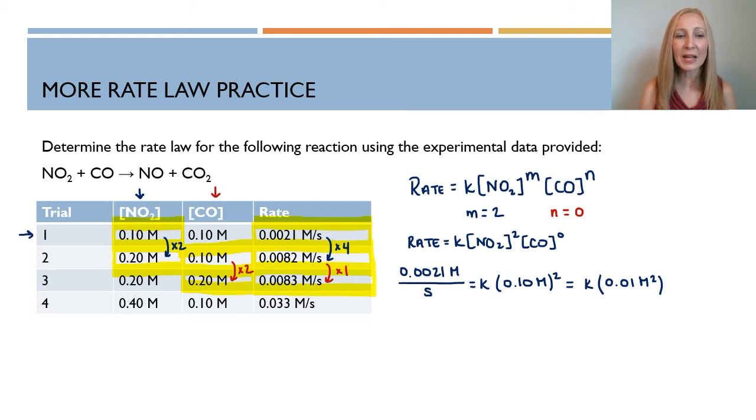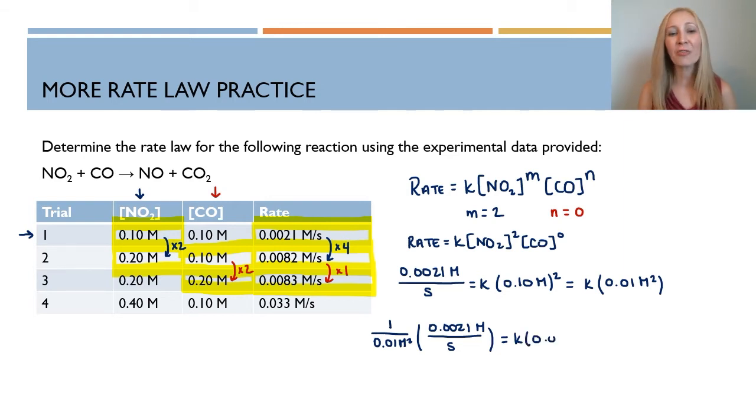So I'm going to take both sides and multiply by 1 over 0.01 M squared. And I'm just rewriting this to show that information. And that is going to equal K times 0.01 M squared times 1 over 0.01 M squared. So I'm really just showing you how I'm canceling out that 0.01 M squared.